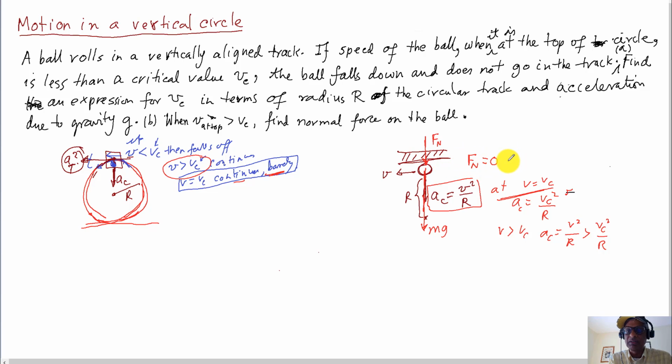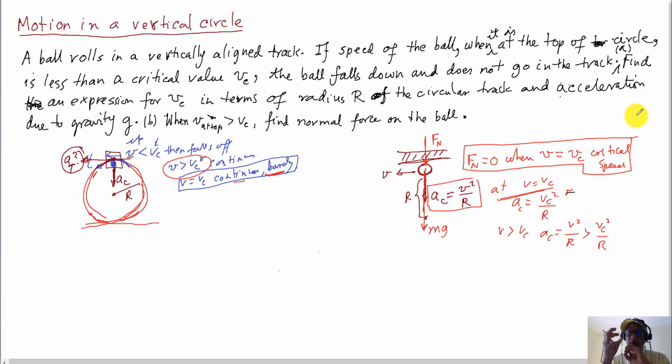This is the main observation, and you have to argue why the normal force has to be 0. When v is greater than vc, Fn is not 0.